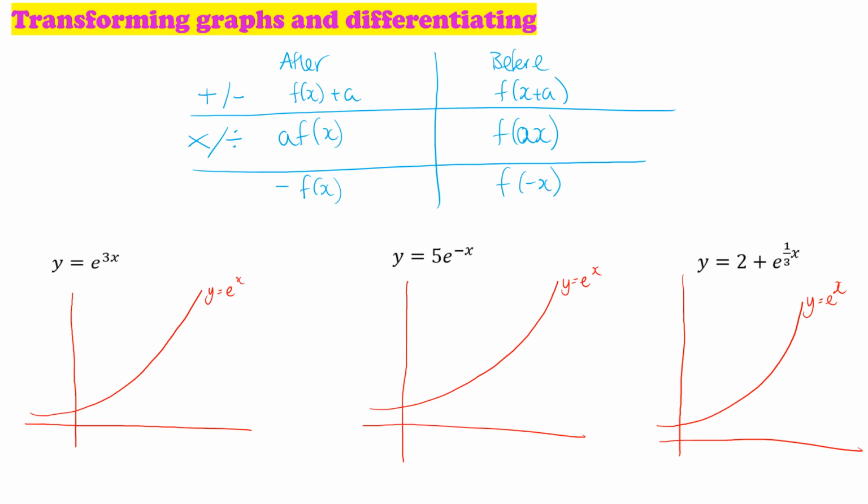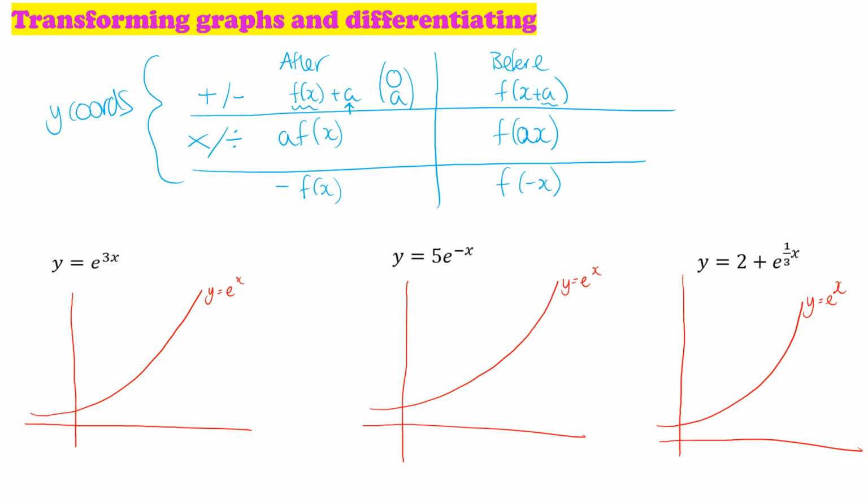So if you can remember them like this in pairs, then the ones that are applied after, they affect the y coordinates and they go the way you think. So if you're plotting the function and then you add a before you plot that y value, then it's going to move the graph up a places.